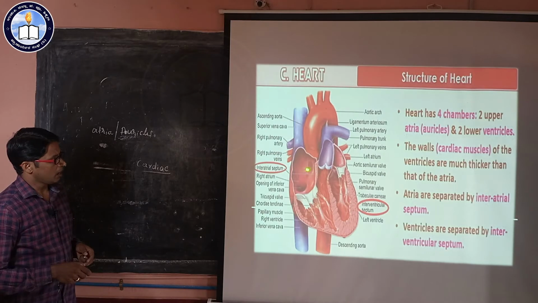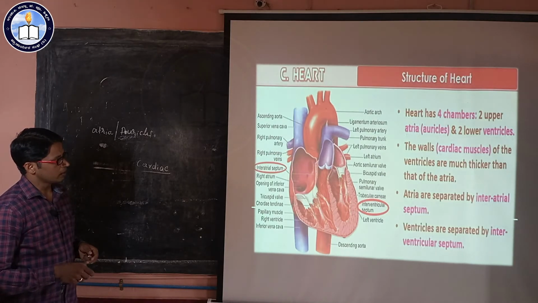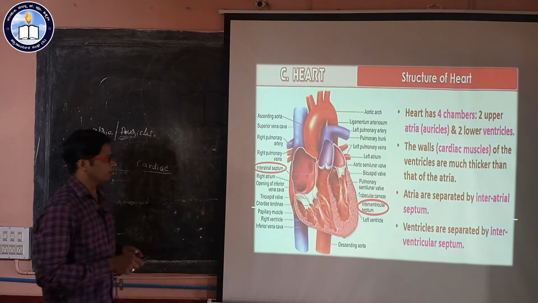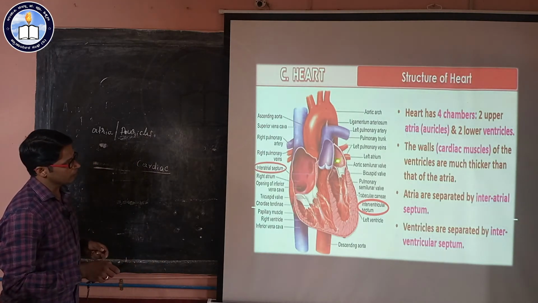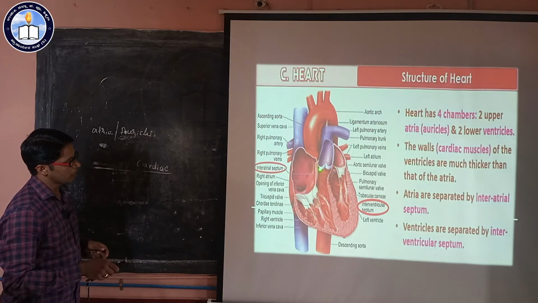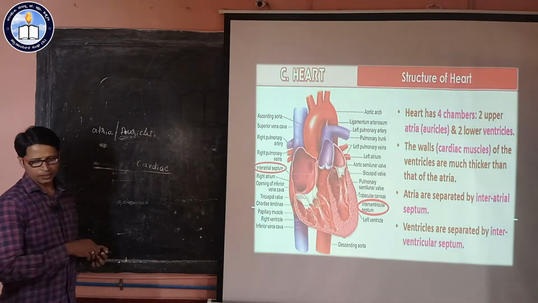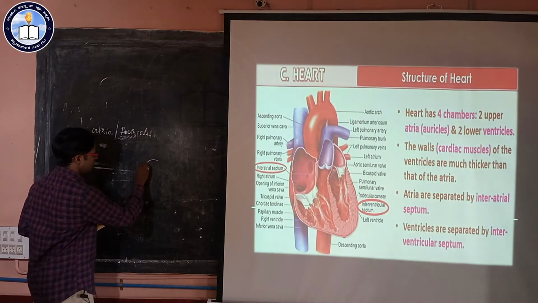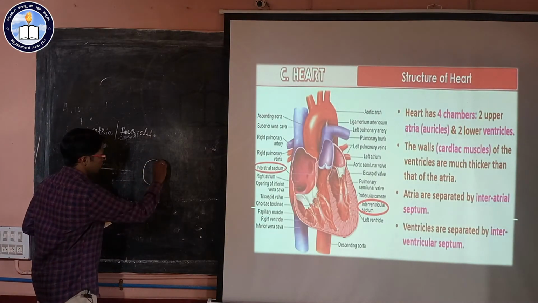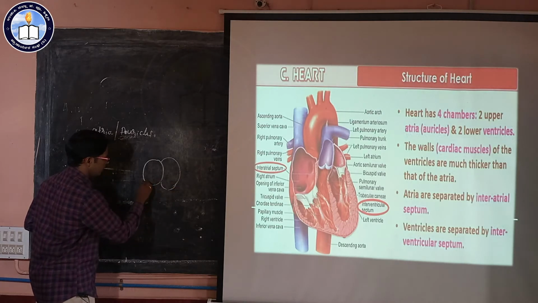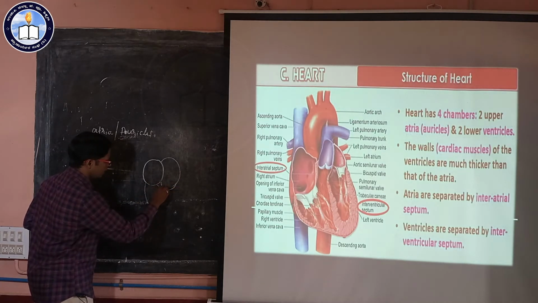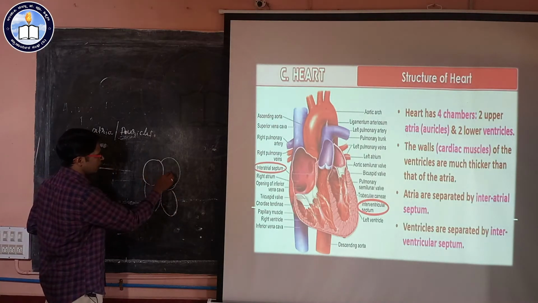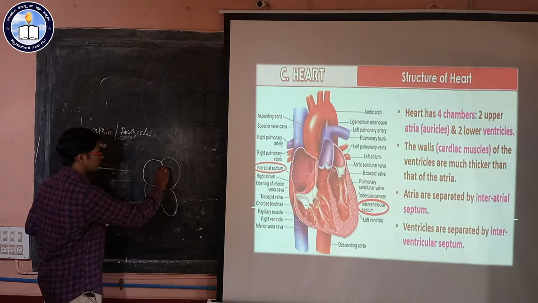Next, the right auricle and the left auricle are separated by a septum, like a wall in the middle. Simply put, if this is the right auricle, this is the left auricle, this is the right ventricle and this is the left ventricle, the right auricle and the left auricle are separated by a wall.